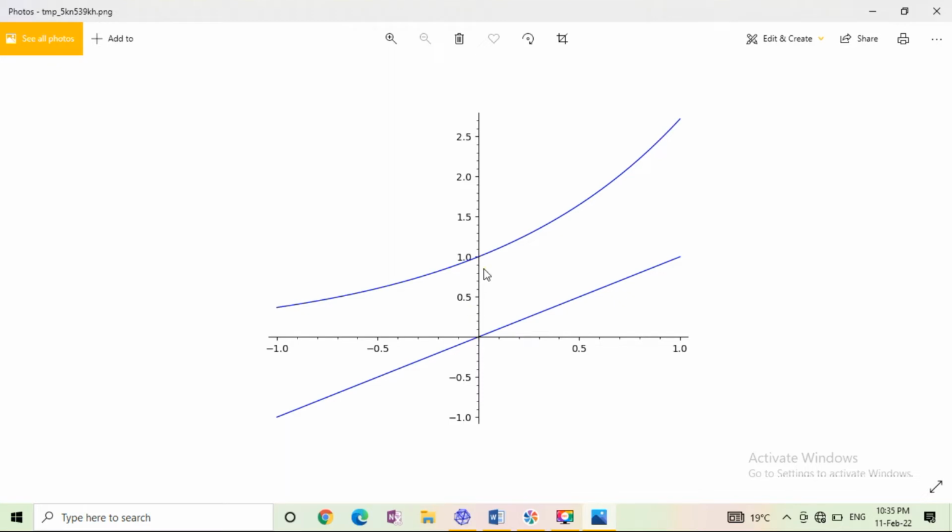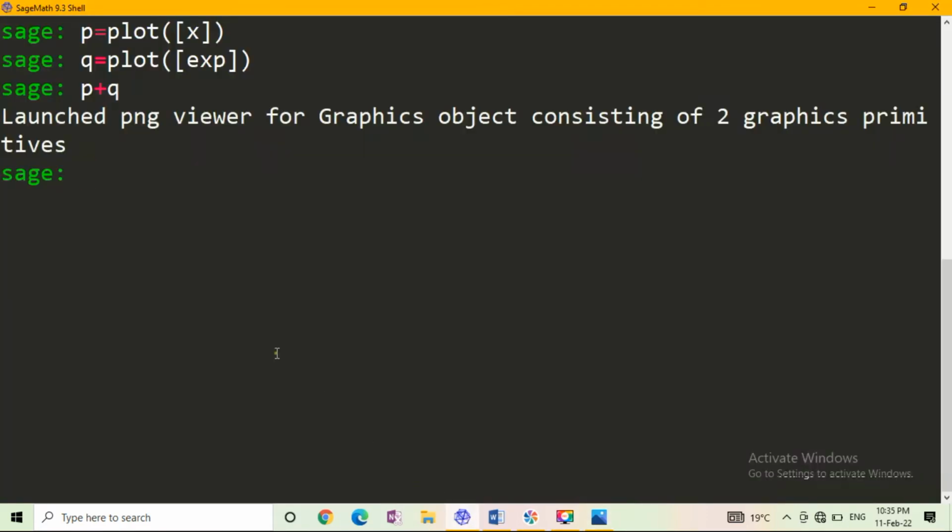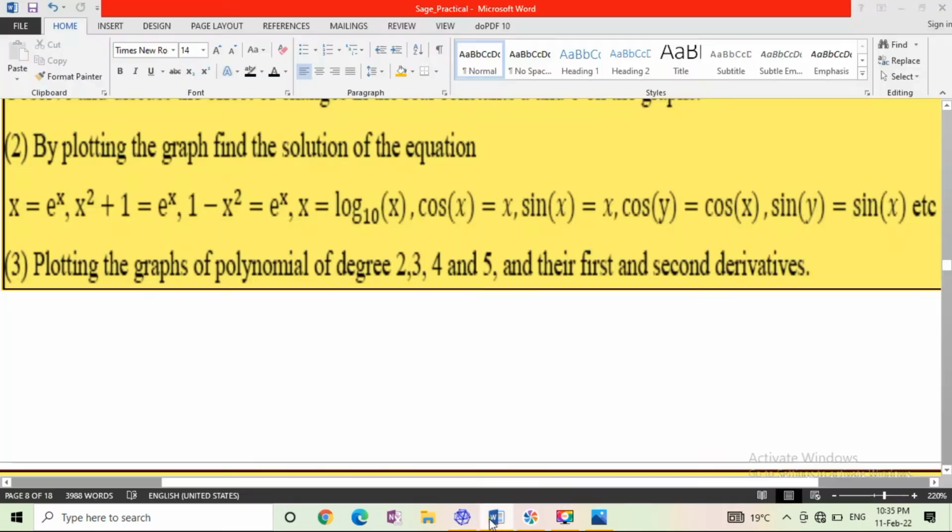It means the equation x is equal to e to the power x has no solution. Now come on to our next graph, the equation x square plus 1 is equal to e to the power x.